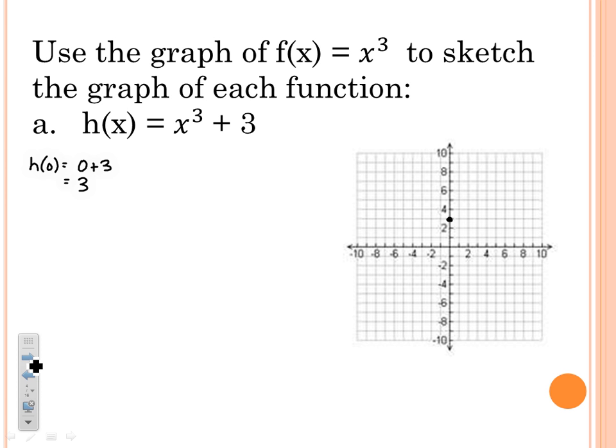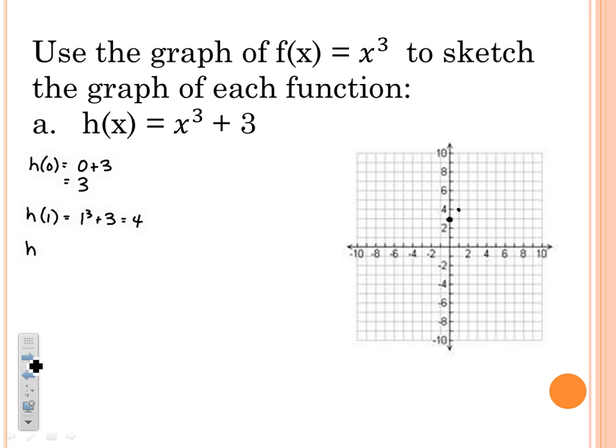Okay, now from there, we know that it's going to take on that same curve shape that the parent function had, but maybe you want to still put in a couple of other values just to find some points to graph. So let's try h of 1. We're going to get 1 cubed plus 3, which is 4. So 1, 4 is another point.